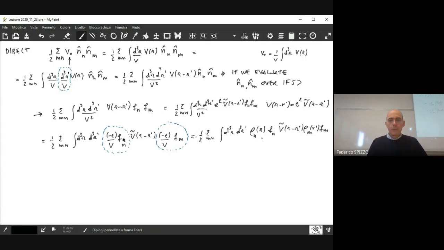So since we consider the electrons to be described by the Fermi sphere, if T is equal to 0, we may also remove f_n and f_m and just write here that this summation is just over the indexes that are within the Fermi sphere. But to be more general, we may just leave there the Fermi-Dirac distribution and just leave the summation without any constraint.